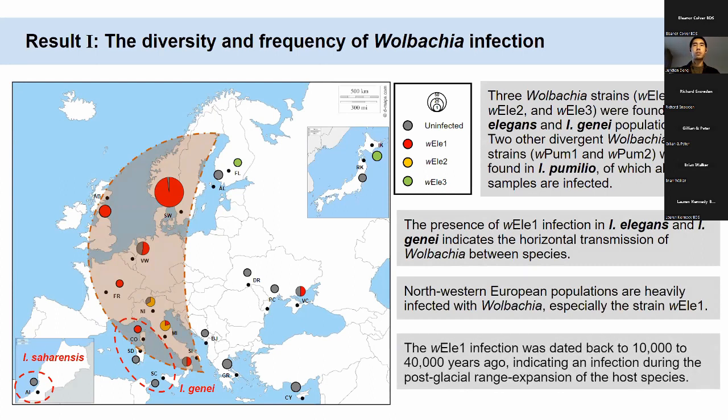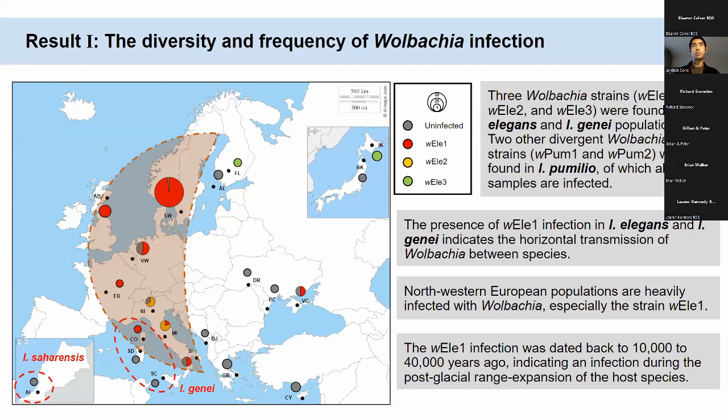And in our study, we also estimated the date of the infection. It was around 10,000 to 40,000 years ago. And this indicates a potential infection wave that happened along with the post-glacial range expansion of Ischnura elegans.